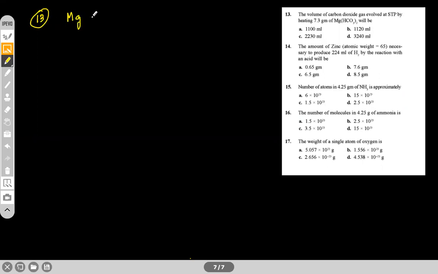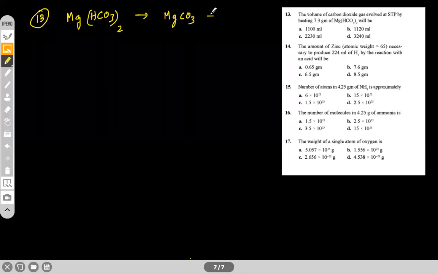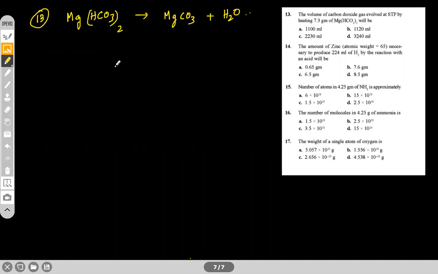Otherwise, you know the method of how to solve, but since you do not know the reaction, you cannot do anything. It forms carbonate MgCO3, plus water, and CO2 gas evolved.